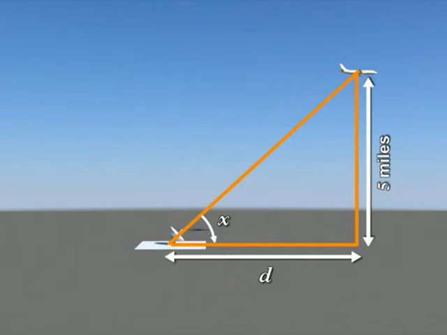Here's the question. If d is the ground distance from the radar station to the point directly under the plane, and x is the angle of elevation to the plane, can we write d as a function of x? Let's do that, and then we'll notice the picture that results.